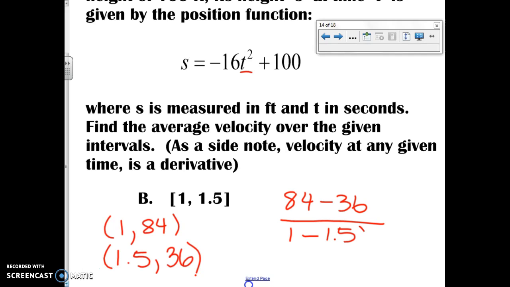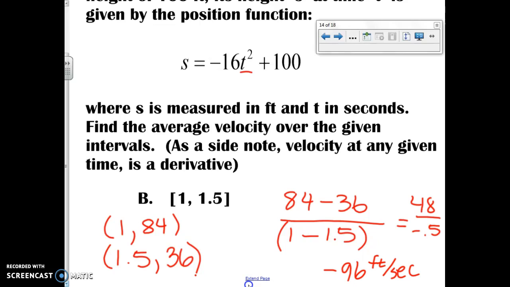You know what? Did I go backwards on the other one? We're going to go back and double check if I didn't go in order. So 84 take away 36 is going to give me 48 over negative 0.5. Now 48 over negative 0.5, excuse me, oops, I hit the wrong buttons. Should be negative 96, but I'm going to double check. Yeah, it is negative 96. So my average rate of change here is negative 96 feet per second.